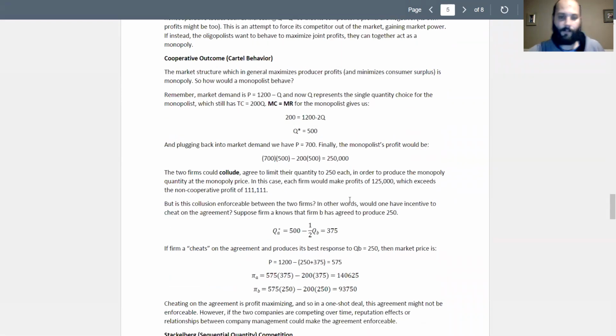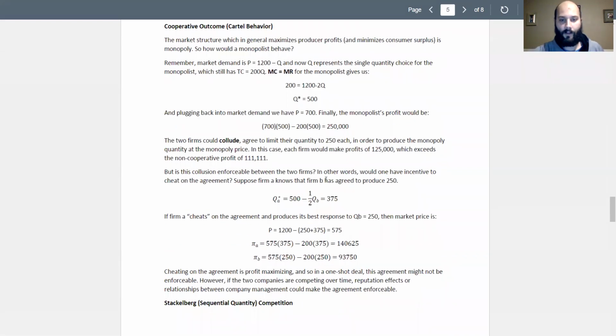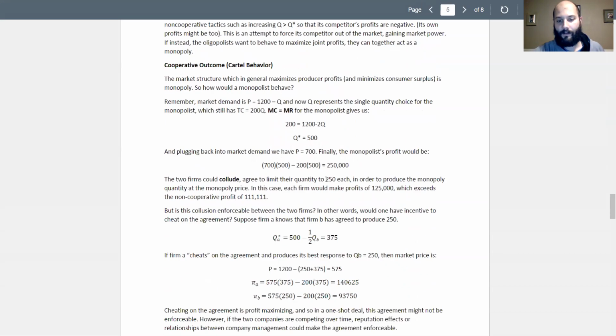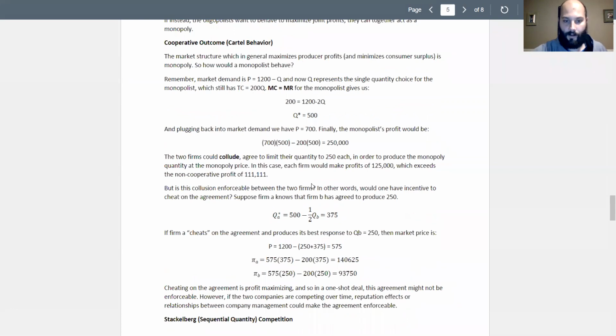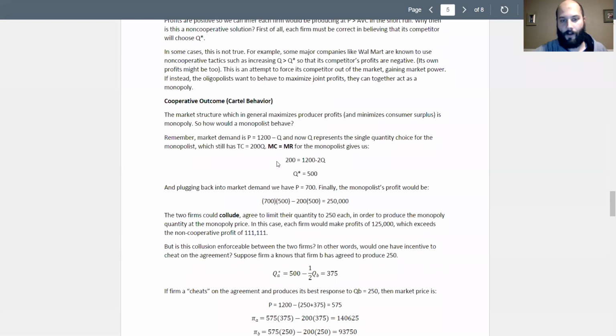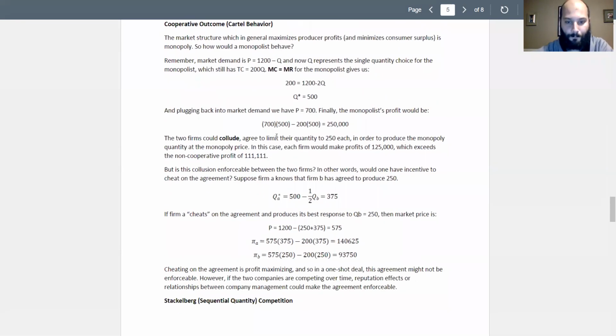So the monopolist produces, even compared to the duopoly, a lower quantity and charges a higher price. That's good for producers, not so much for consumers. Okay, I actually haven't shown the consumer surplus here, but you know how to calculate it. We have our market demand, we have a quantity and a price, so it's just the triangle area formula.